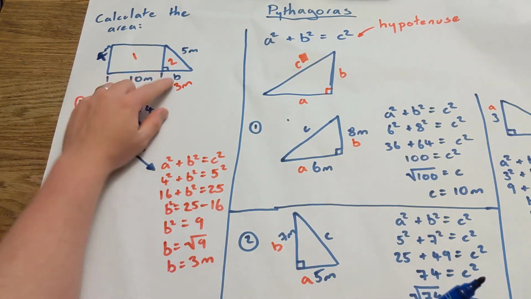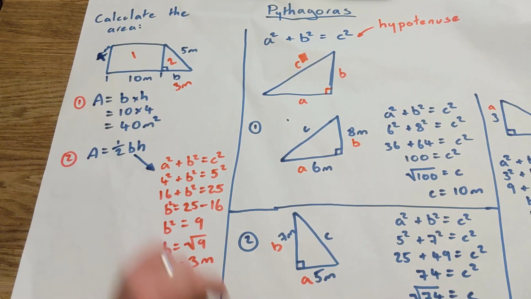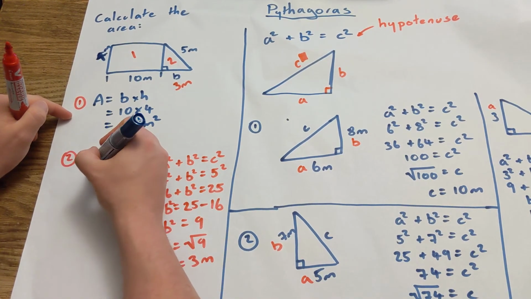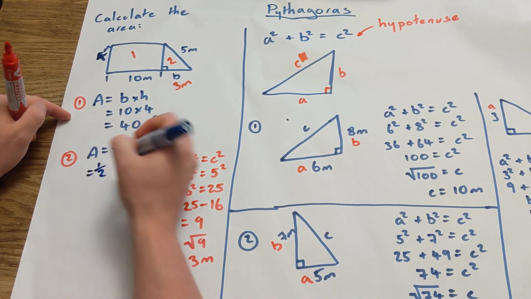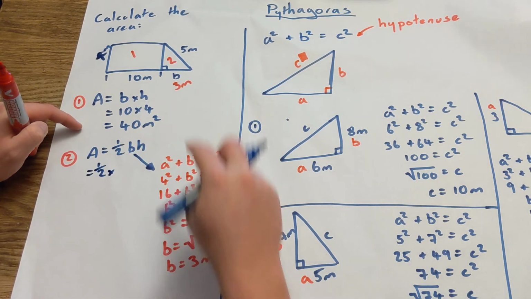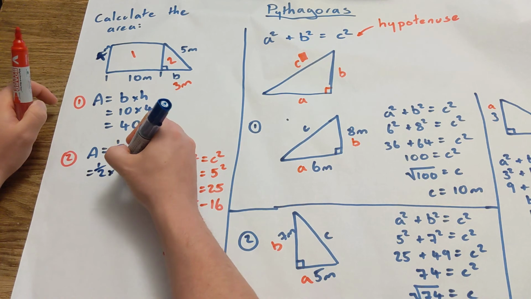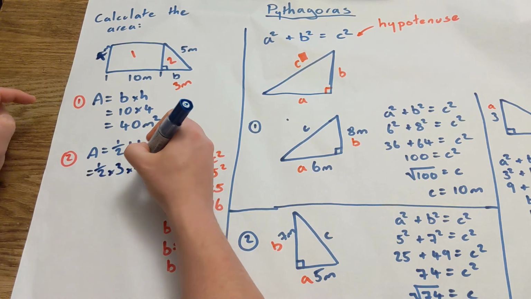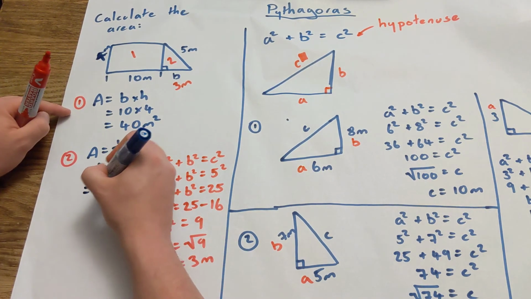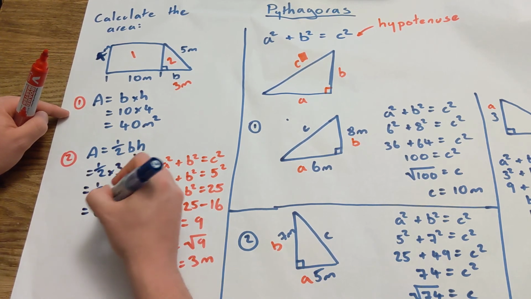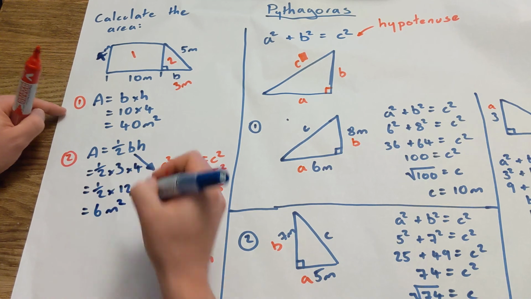And now I know the base of that triangle and I know its height, so I can work out its area. So we'll carry on here then and sub those in. So it's a half times 3 now, because I've just worked out its base is 3 and its height is 4. So that equals a half times 12, which equals 6 meters squared.